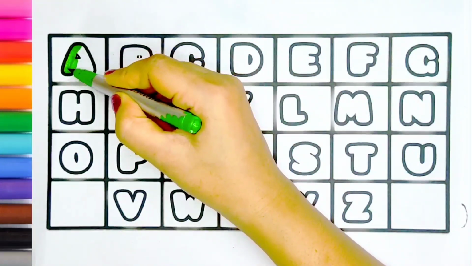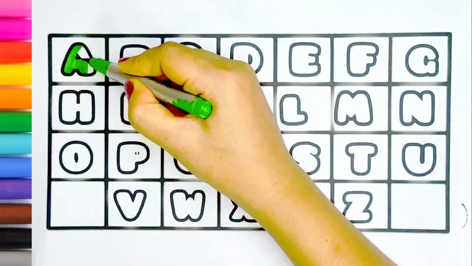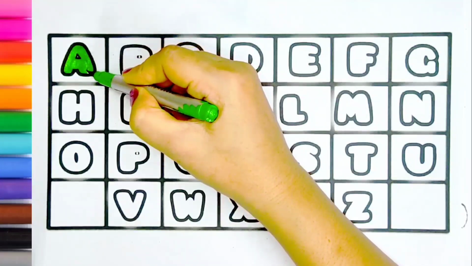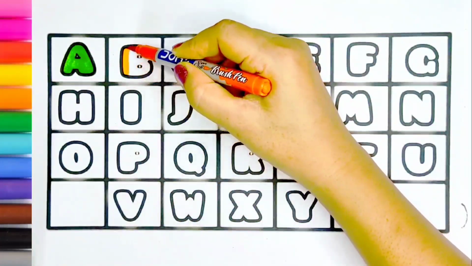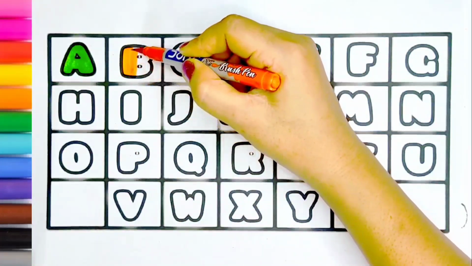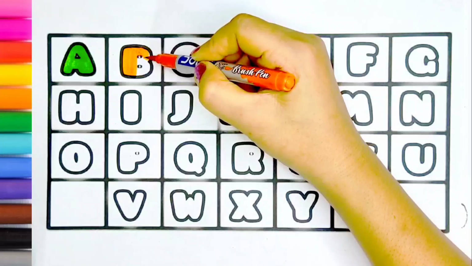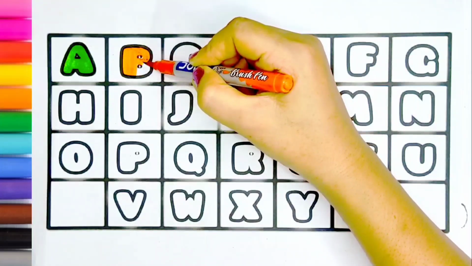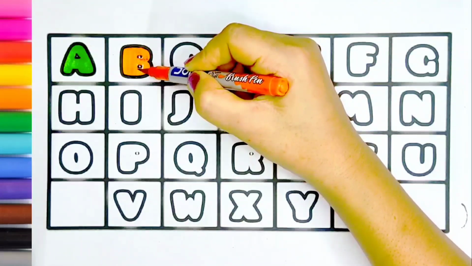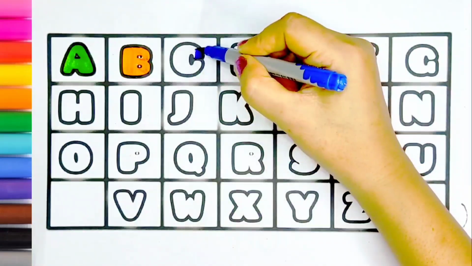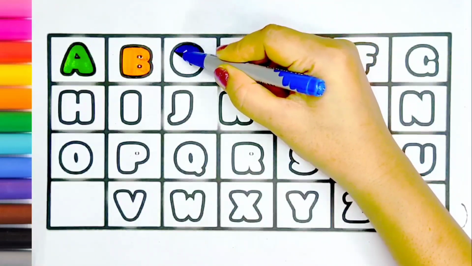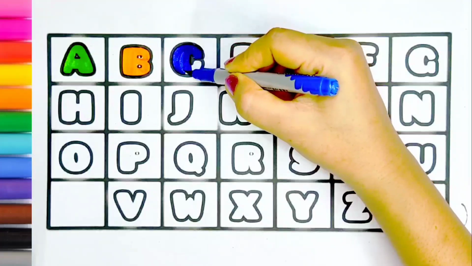Light green color. A for ant. Orange color. B for baby. Blue color. C for cat.